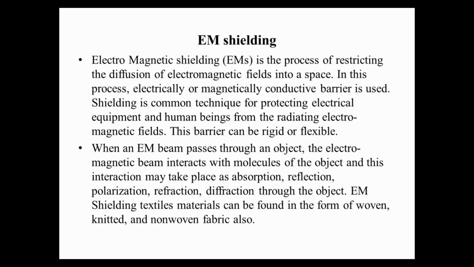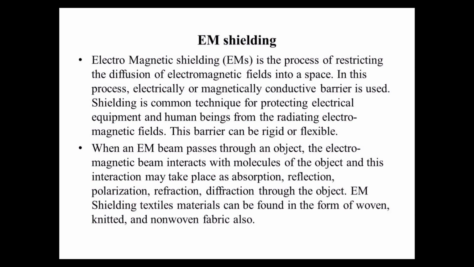When an EM beam passes through an object, the electromagnetic beam interacts with the molecules of the object, and this interaction may take place as absorption, reflection, polarization, refraction, or diffraction through the object.